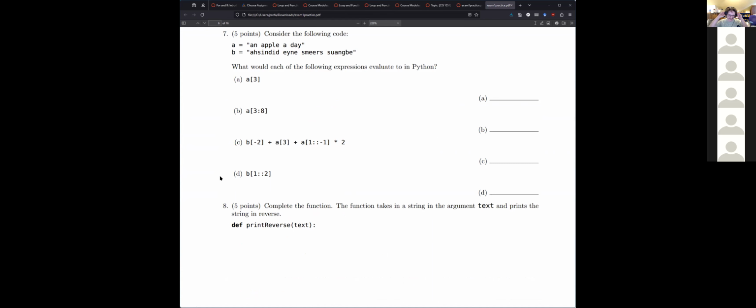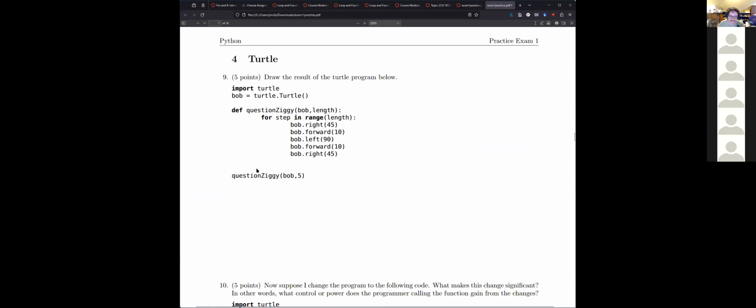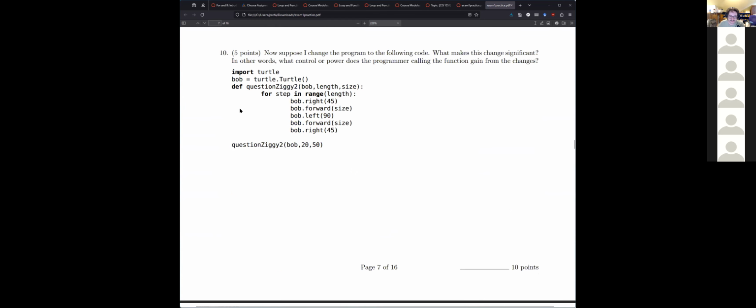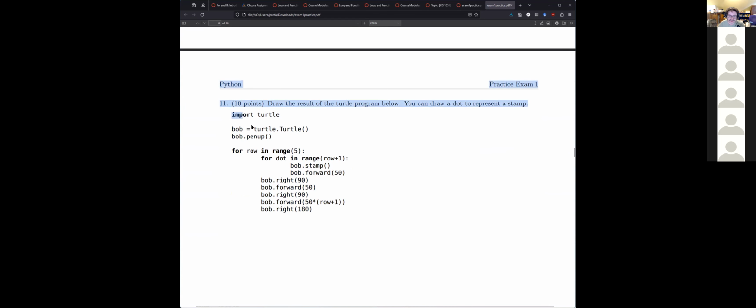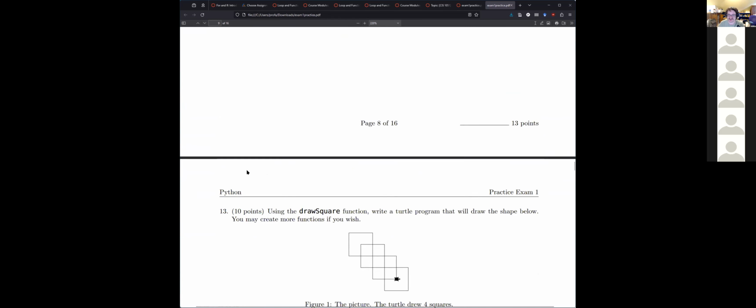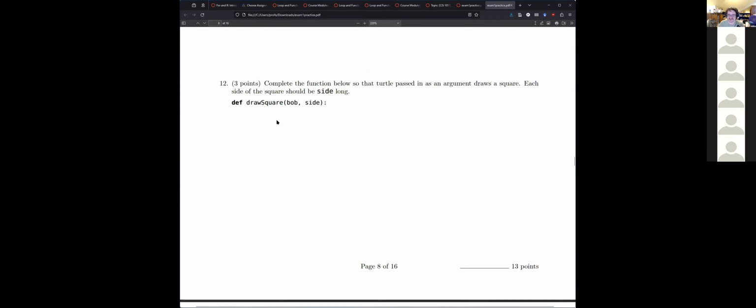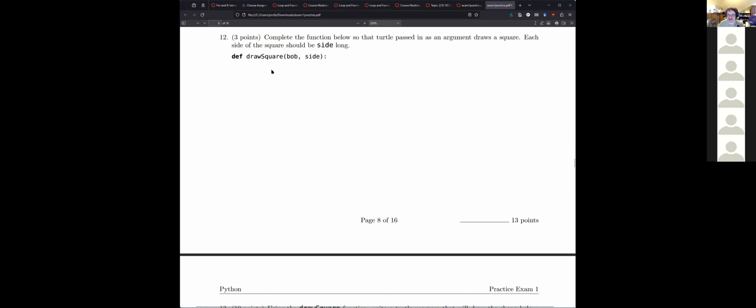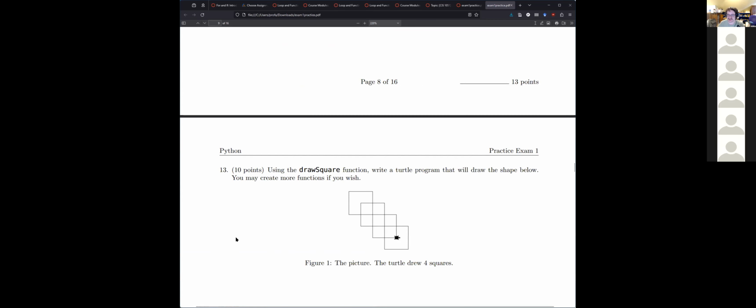Chapter 8 covers the if statement and the Boolean statements. Probably the most valuable, the most expensive questions are questions like these, where I say, draw the turtle below, and given this code or given this picture, give me code that would draw that picture.